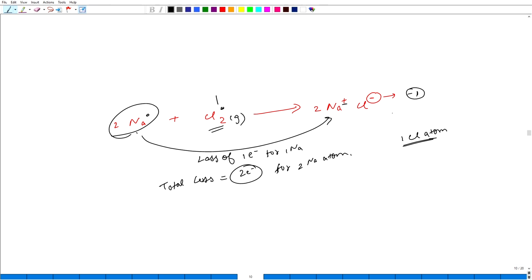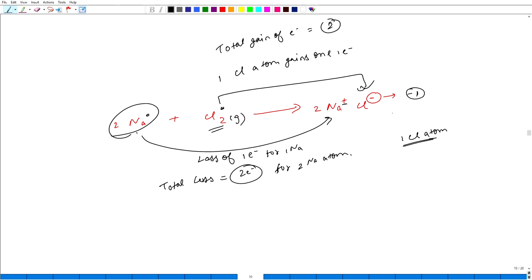That means one Cl atom gains one electron, so the total gain of electrons will be 2 electrons for 2 chlorine atoms.